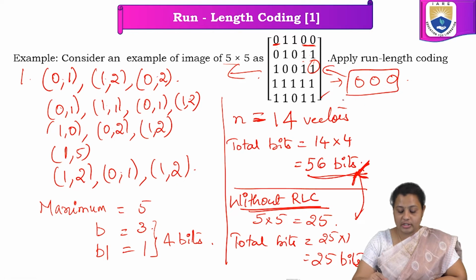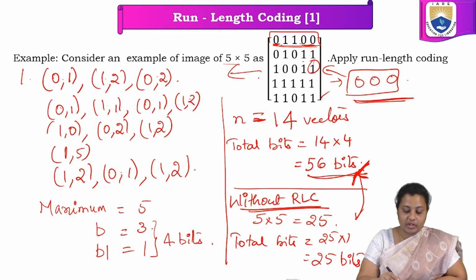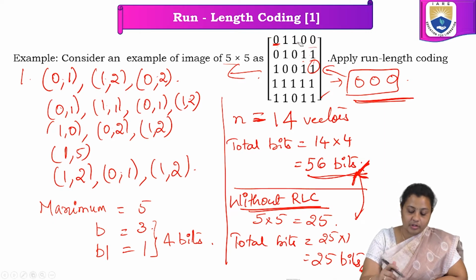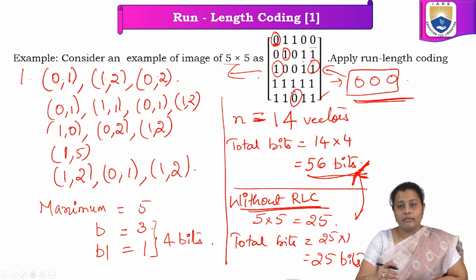So from this we can see that run length coding cannot be applied everywhere. The drawback here is that the pixel values are not repetitive in the image. If you observe here, 0 is there, here 1 is there, then 1, then 0.